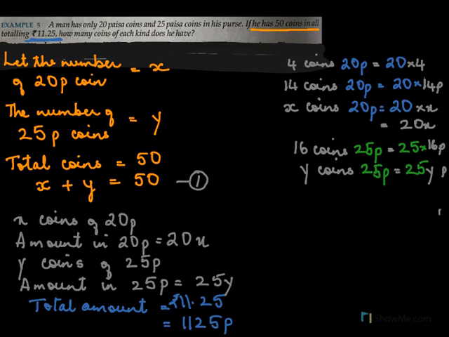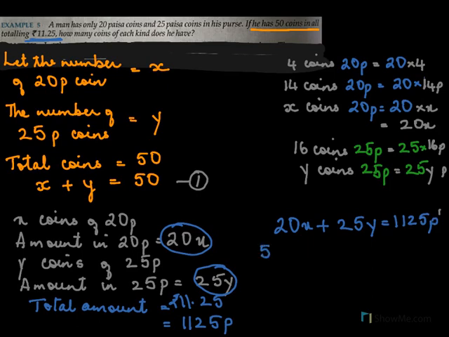So the total amount is 1125 paise, which means 20x, which is in 20 paise, plus 25y, which is in 25 paise, will be equal to 1125. So the next equation is 20x plus 25y equal to 1125 paise.